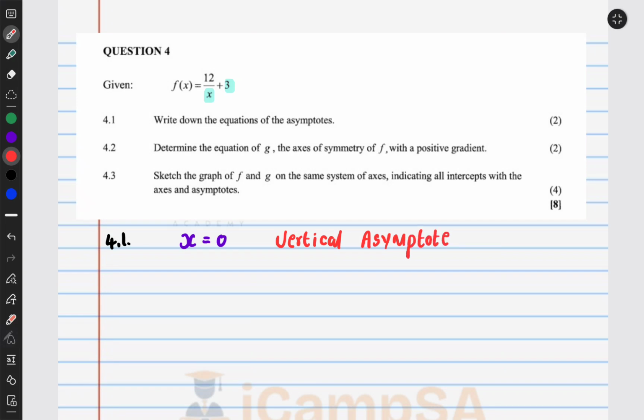And then next, we have y is equal to 3, and that will be your horizontal asymptote.